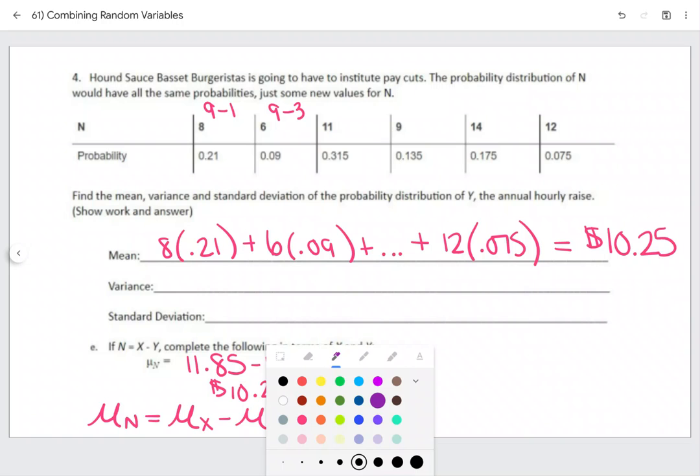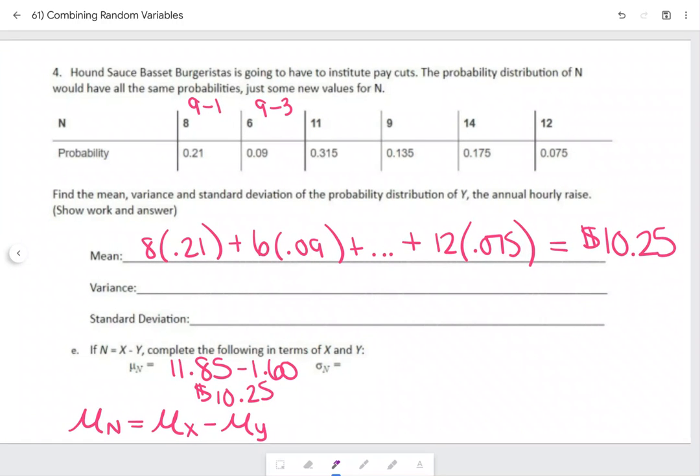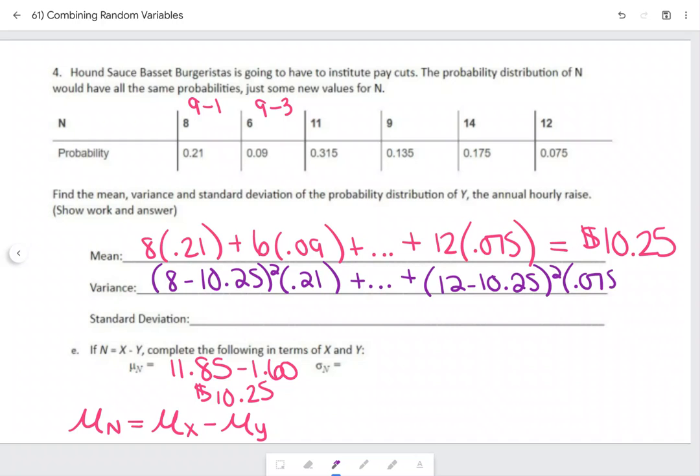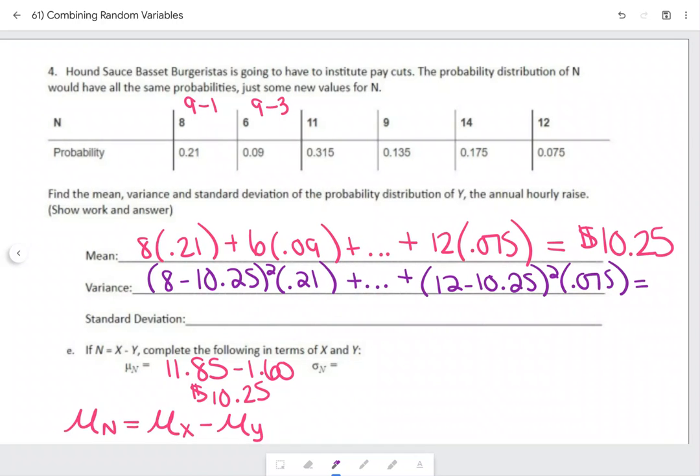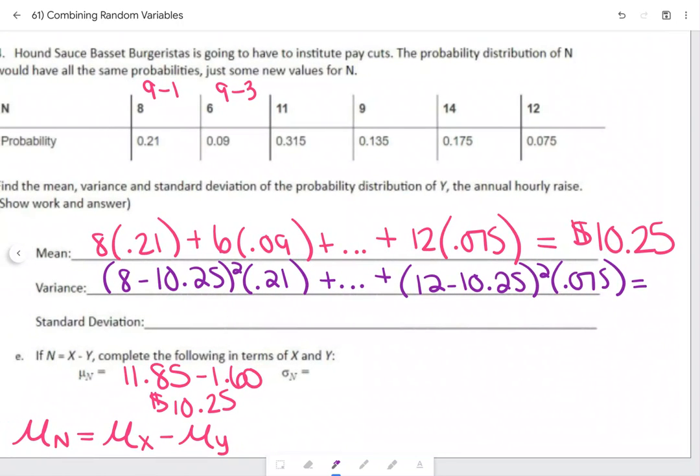In the variance, I can pull that all out again. If I do my 8 minus the 10.25 squared times 0.21, and I do all of our work out, and do it again, my 12 minus 10.25 squared times 0.075, we ended up with 5.76.